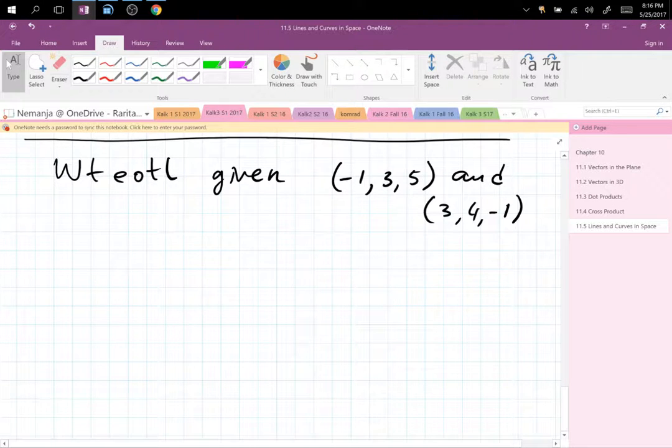Now think about the method you used in basic algebra to find the equation of the line given 2 points, and use the same method here. It's the same steps, it just looks a little bit different, but same steps.